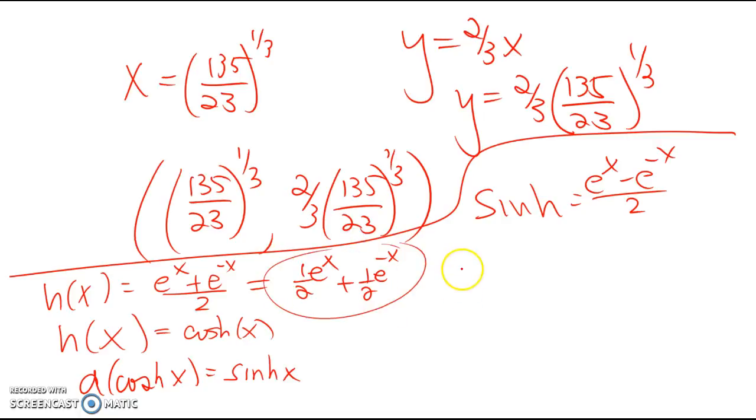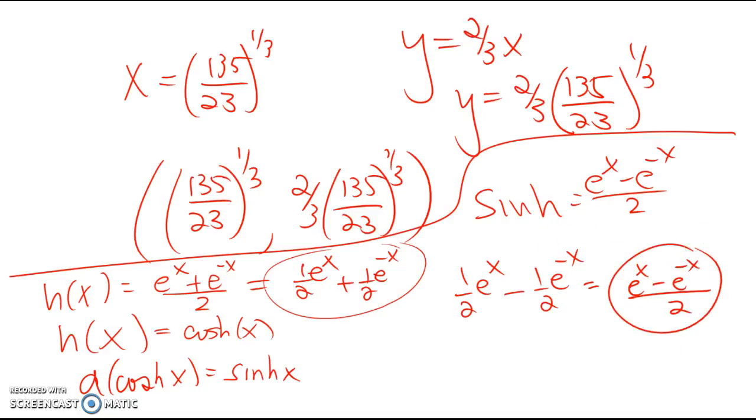The derivative of 1/2 e to the x is 1/2 e to the x. The derivative of e to the minus x, remember, is minus e to the minus x, so minus 1/2 e to the minus x. And if we pull the 2 into the denominator, this is e to the x minus e to the minus x over 2. So we should make sure we know cosine hyperbolic and sine hyperbolic. Those two are derivatives of each other, and they only differ by one sign. Okay?